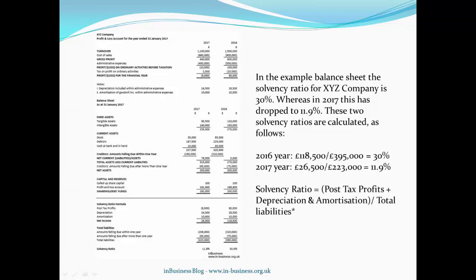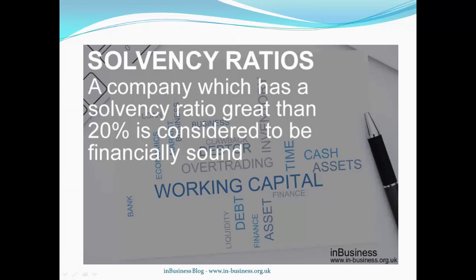In 2017, the profits have dropped to just over £26,000, but also the liabilities have dropped, but not as much in percentage terms, and they've dropped to £223,000, giving you the solvency formula of 11.9%. So a company which has a solvency ratio greater than 20% is considered to be financially sound.